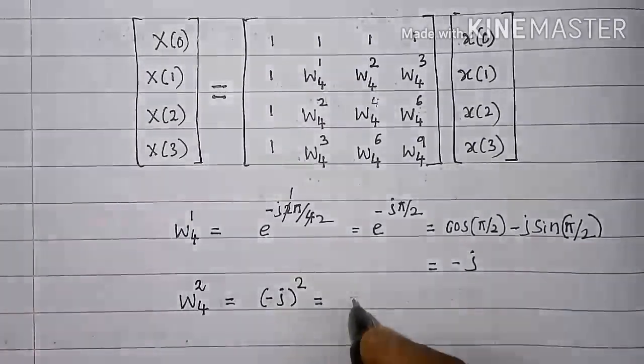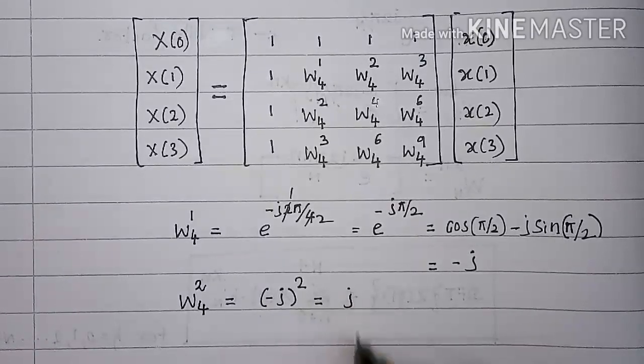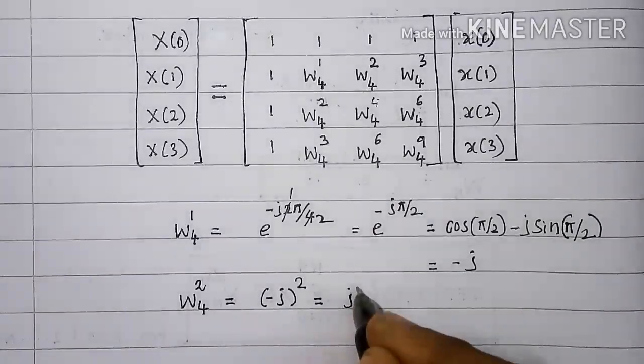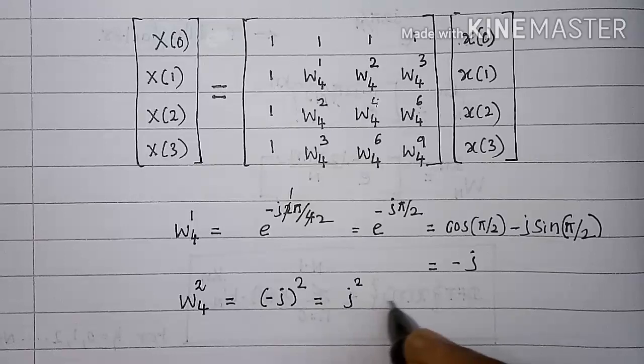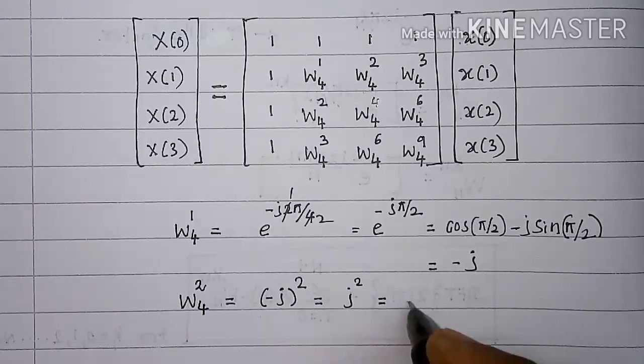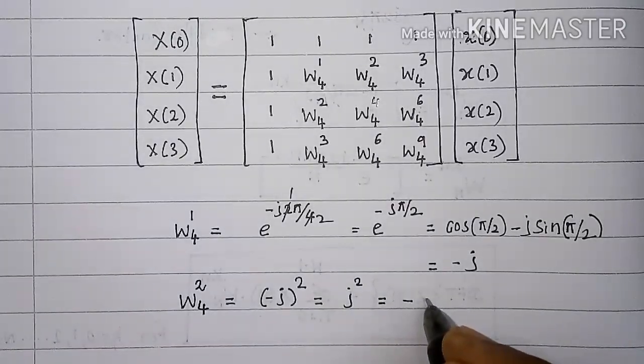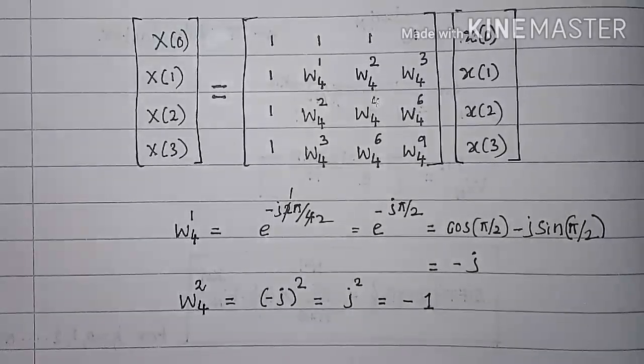Minus j square is plus j square, and j square is minus 1.